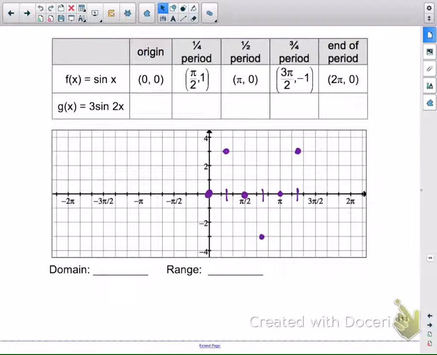I'm going to go over 1.5 blocks back to 0. Over 1.5 blocks down to negative 3. Over 1.5 blocks back to 0. And if I go backwards from 0, I'm going to go over 1.5 blocks and where? Down 3. Over 1.5 blocks back to 0.